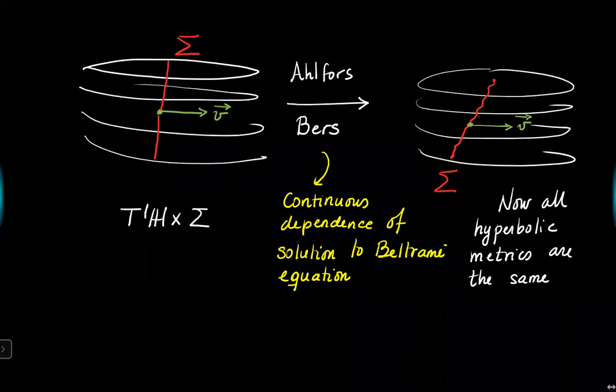By this I mean you solve the Beltrami equation on these leaves to send the hyperbolic metric to a standard metric, which you choose, and you use the continuous dependence of the solution to the Beltrami equation with respect to the initial condition, and you get a picture where now all the hyperbolic metrics are the same. So this is a continuous change of coordinates, and the transversal sigma is not as nice as before, but never mind.